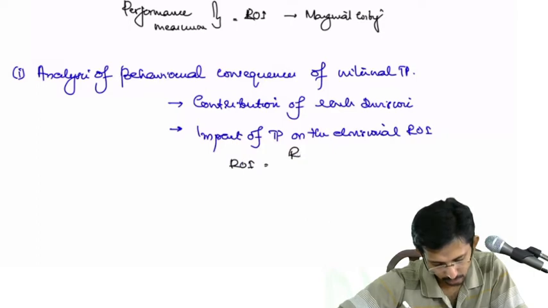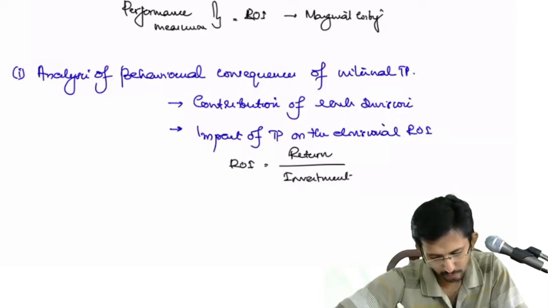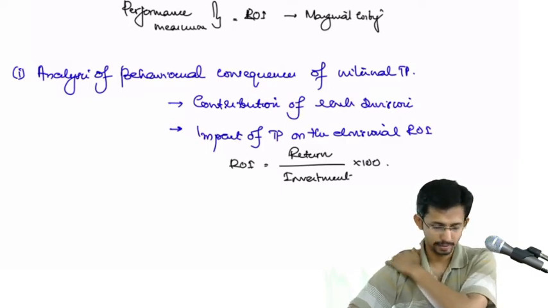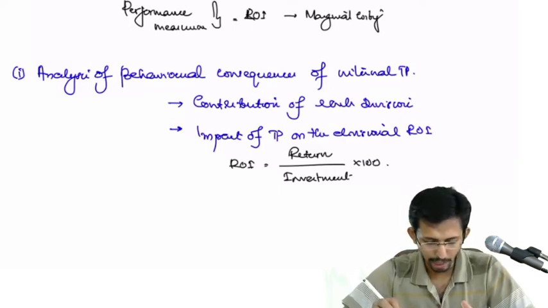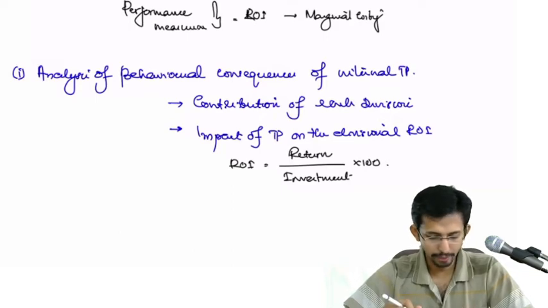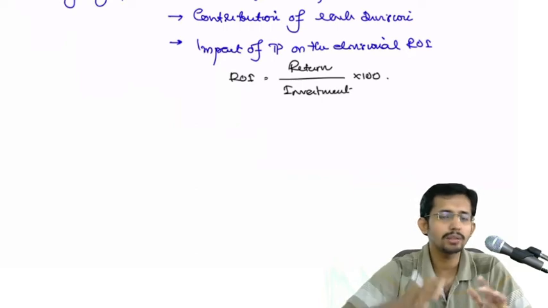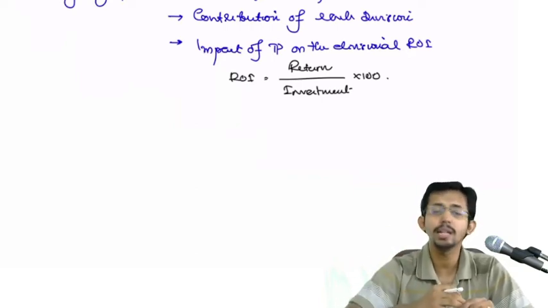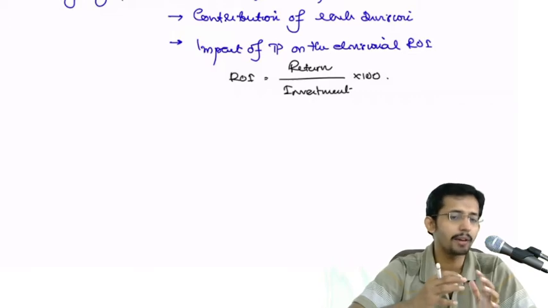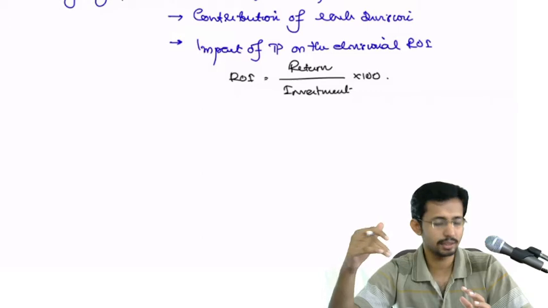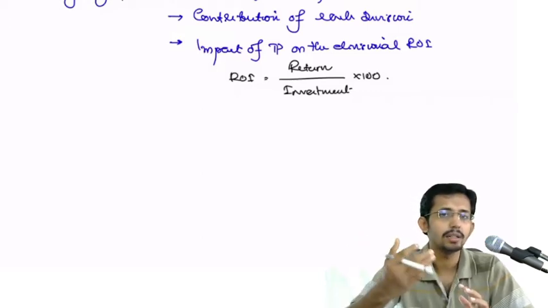ROI is equal to return divided by investment into 100. So that is the impact of TP on the divisional ROI. You have to consider the impact of the transfer pricing on these two aspects, and come to a conclusion as to how this TP decision will affect the behavioral patterns of both divisional managers, A and B.